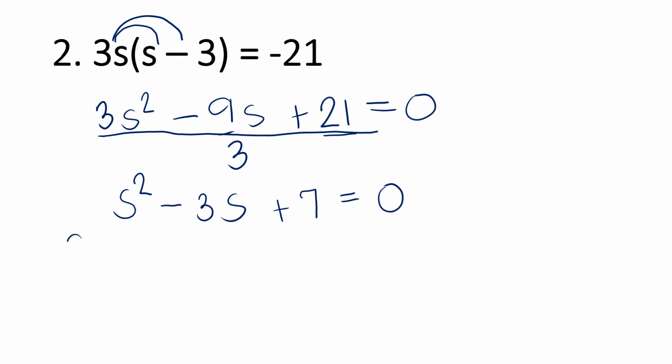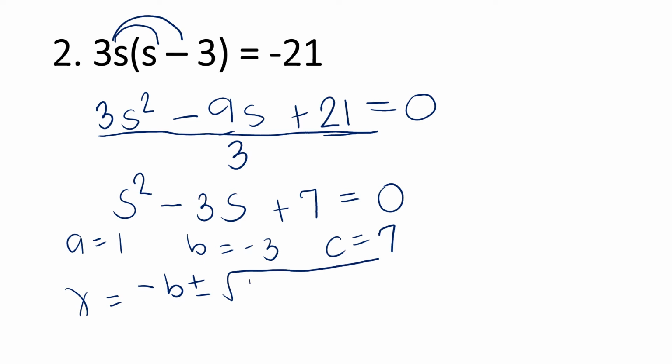So the value of a here is 1, the value of b is negative 3, and the value of c is 7. So by using our quadratic formula, negative b plus and minus the square root of b squared minus 4ac all over 2a.